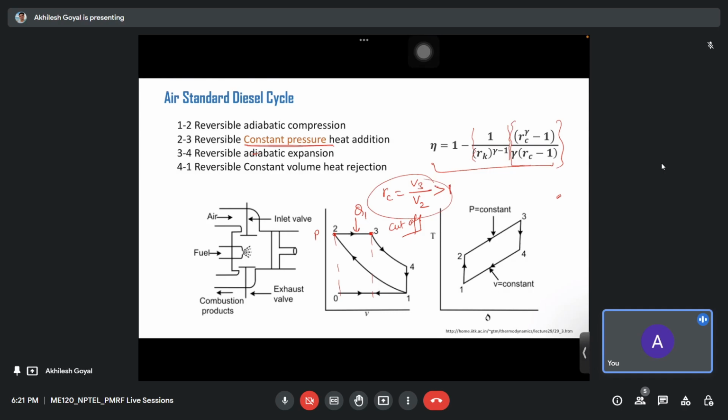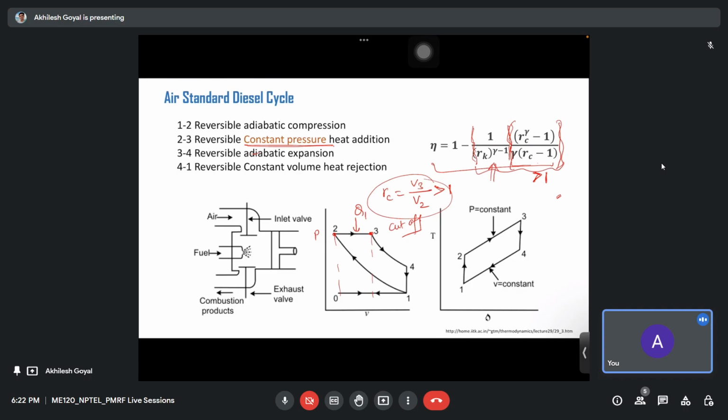So when this value is greater than 1, you can see here the value of this parameter will always be greater than 1. So this whole value for the diesel cycle will be greater than the value for the Otto cycle.